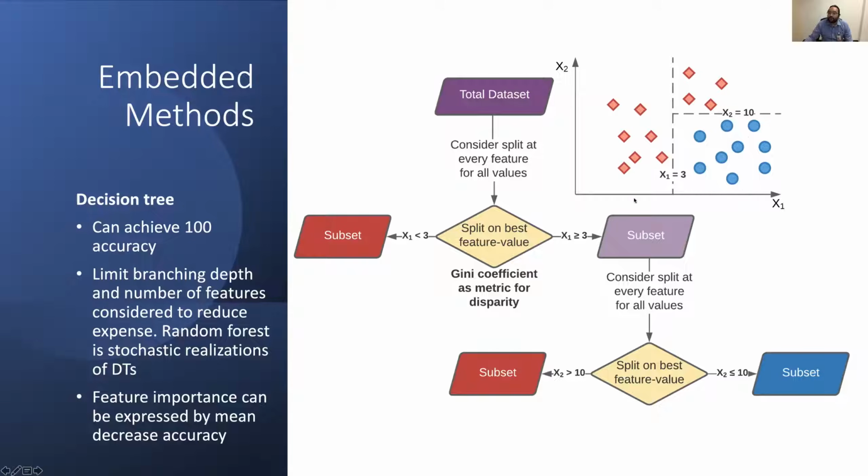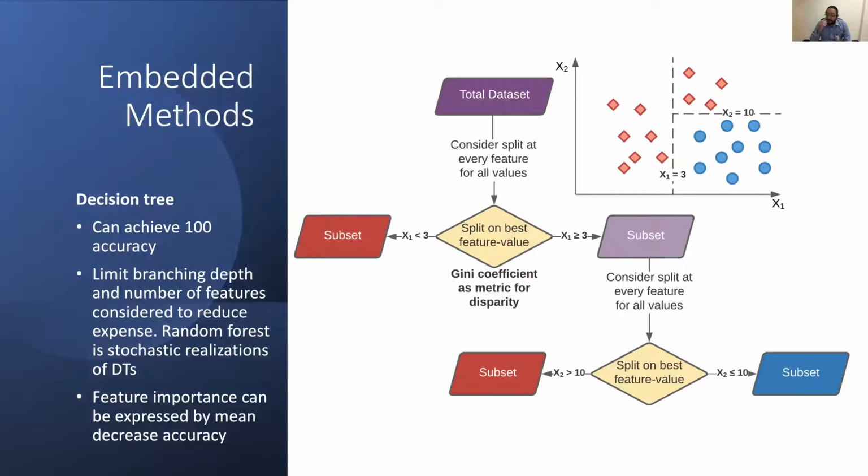So I'm going to start with x1. And then you say, okay, there's a data point here. If I draw a line here and split the data that way, how disparate are those two groups? And by disparity, we mean something like the Gini coefficient.